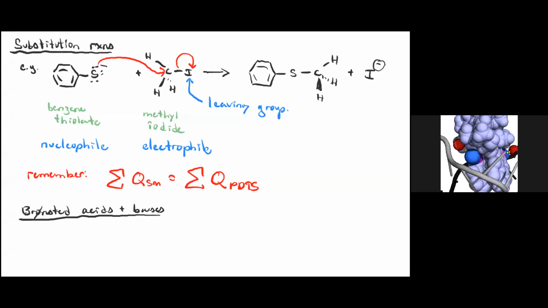This is most common for what we'll be discussing. So very simple: a Bronsted acid is something that can donate a proton, and a base is something that can accept a proton.